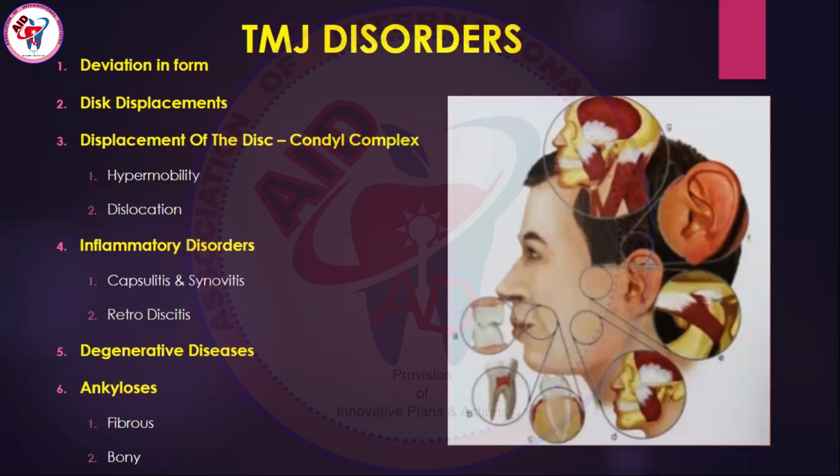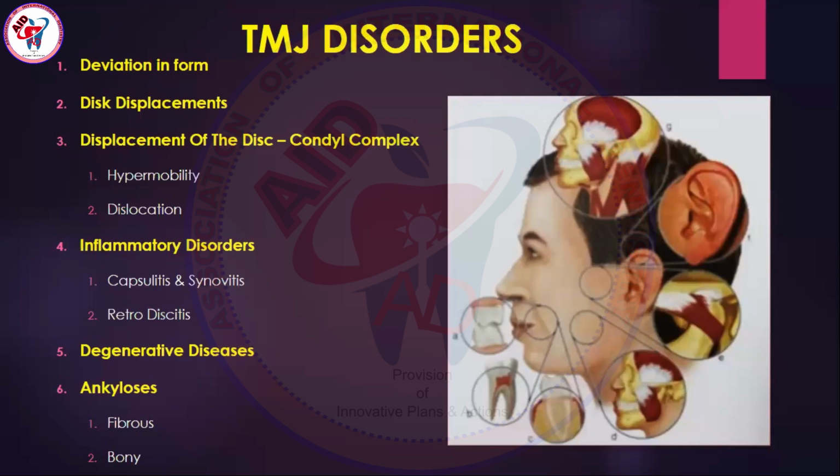And then there is retrodiscitis. The retrodiscal ligaments and area are highly vascular and well innervated. When there is any inflammation in this area, many complications occur, especially with reference to pain. Then there is a full list of degenerative diseases. And lastly, there is ankylosis, which first comes with fibrosis, and later on converts itself into bony form.